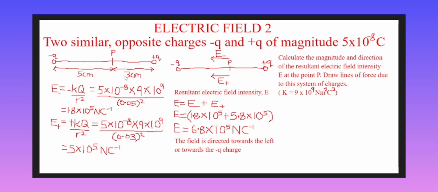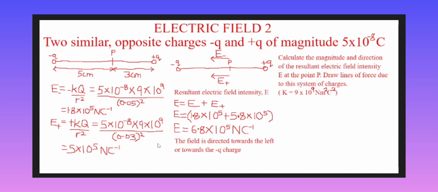I will convert this 3 centimeter to meter by dividing by 100, and that will give me 0.03, then square. If I press my calculator correctly, that will give me 5 times 10 raised to power 5 Newton per coulomb.